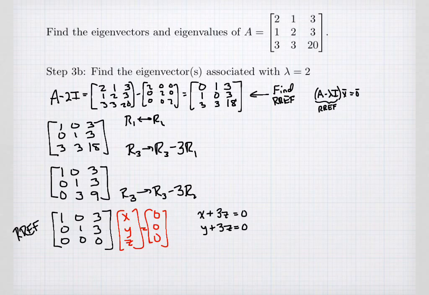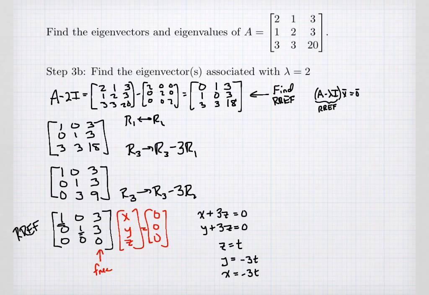We don't need to write that down. So, x and y are not free, but z is free. So we can say, alright, my z is free. We'll give it a parameter that allows me to solve for y and for x.